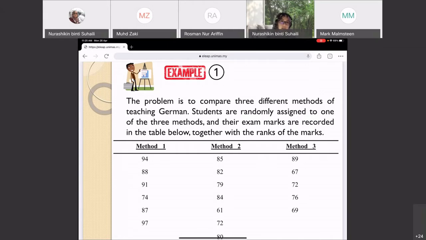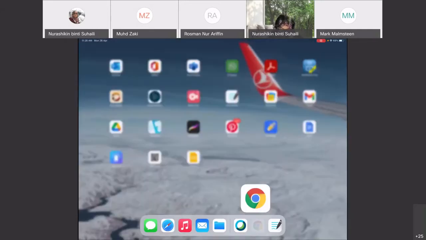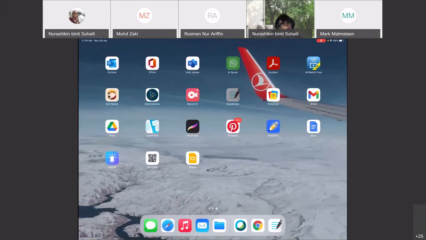So method 1, the whole group, is compared with the whole of method 2 and the whole of method 3. It's only one factor, so that is an example of one factor. Let me explain with 2 factors.